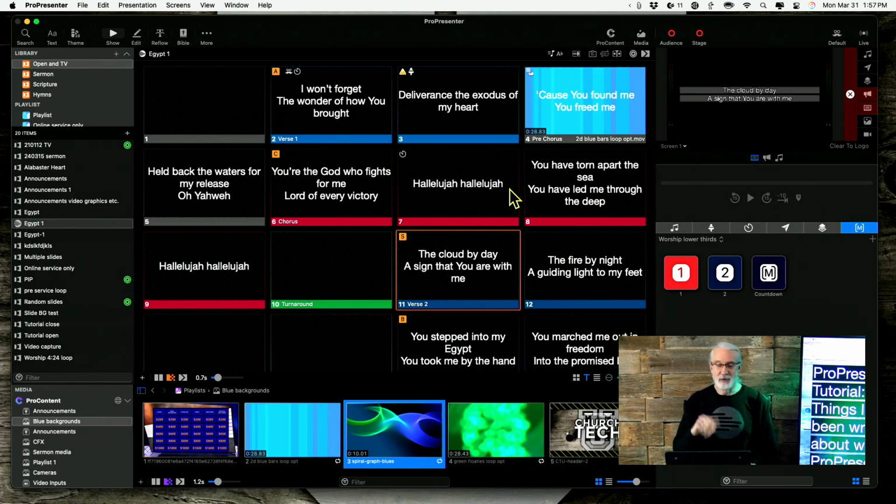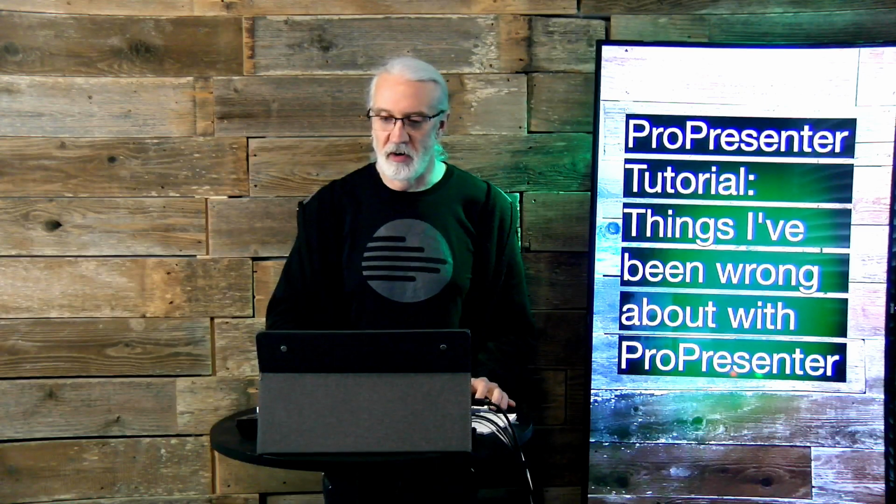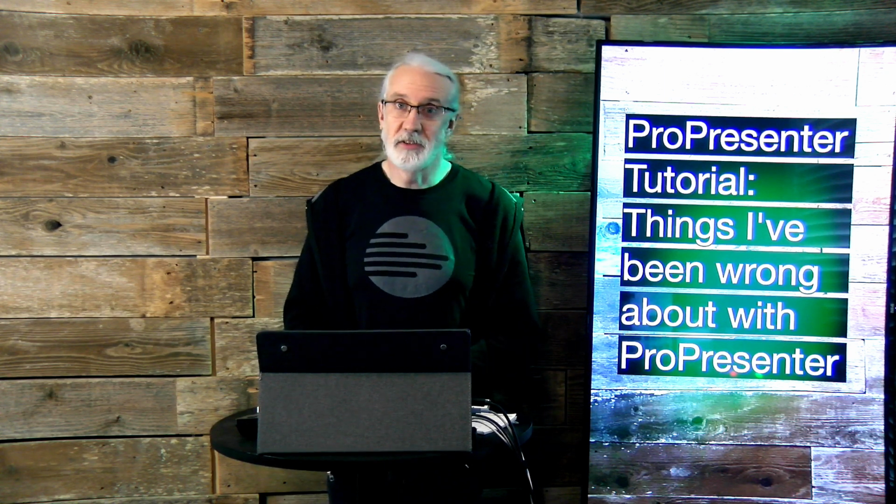It's great for people like myself that just need glasses for reading even close to them. So that is something else that I was wrong about when it comes to ProPresenter, and stuff that others are wrong about as well.